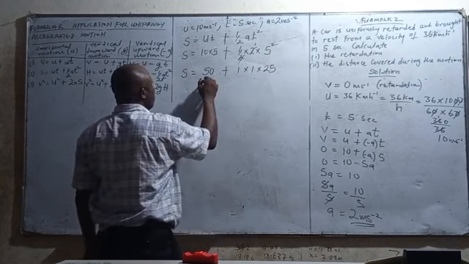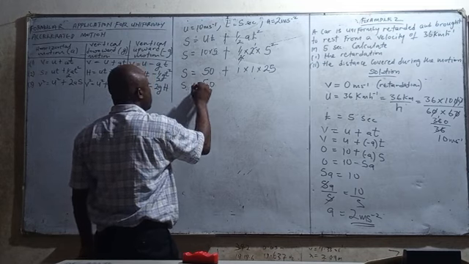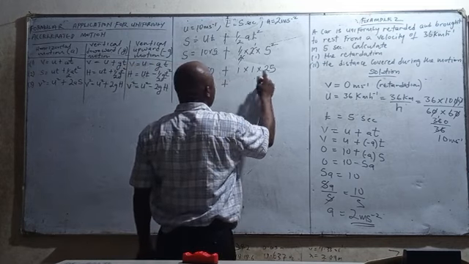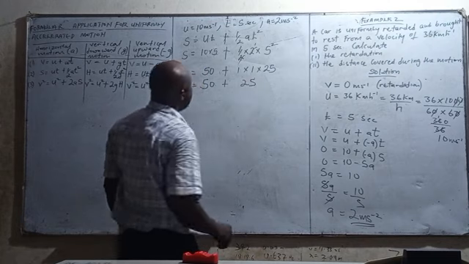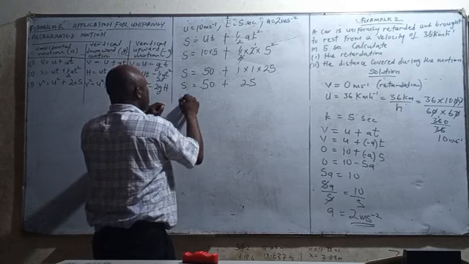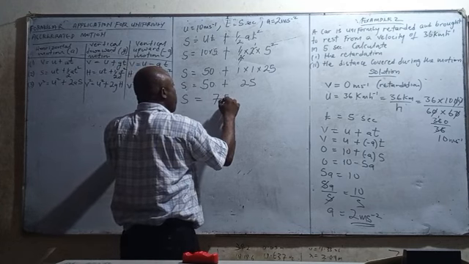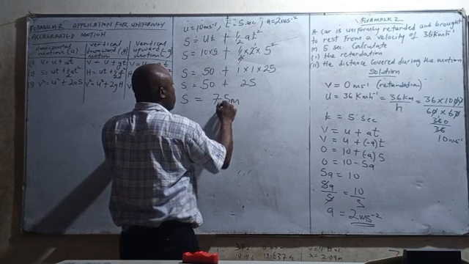So s is equal to 50 plus 25. Our answer is the distance s is equal to 75 meters.